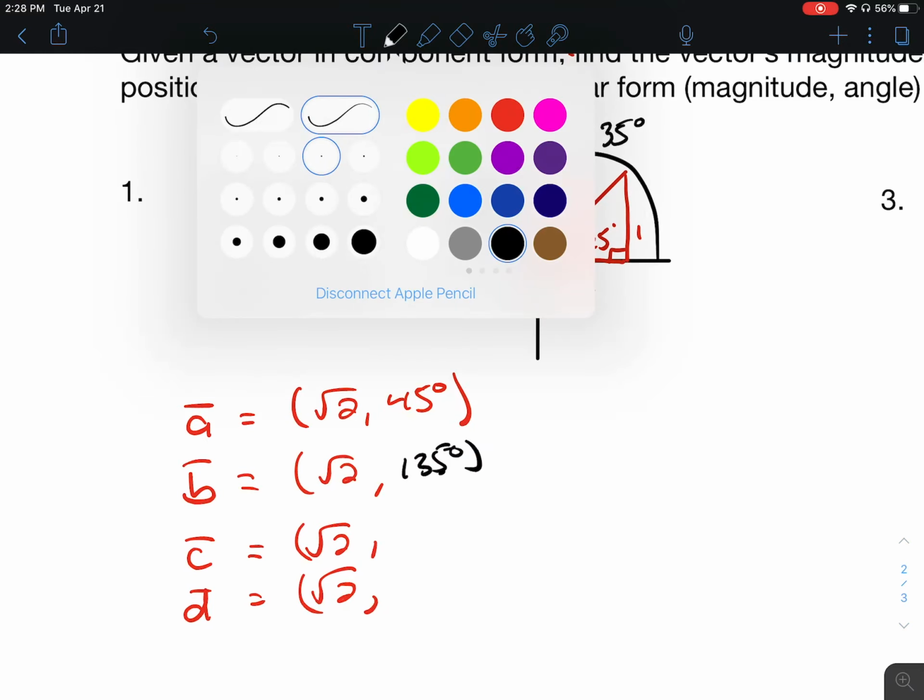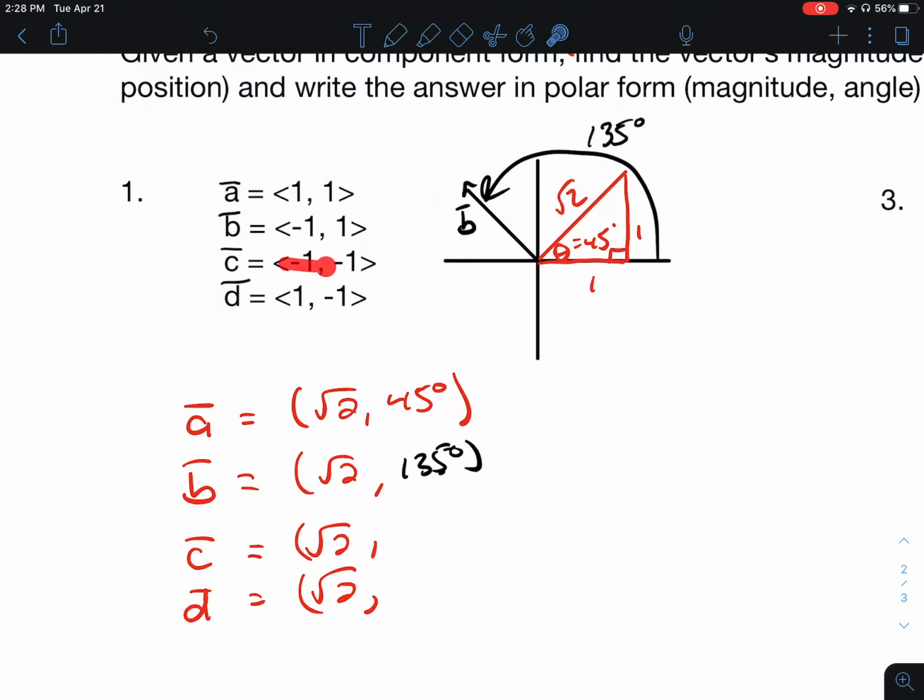If we put vector C, it's going to be in quadrant 3, like so, and its reference angle is 45 degrees, that's going to make the angle in standard position 180 plus 45, which is 225 degrees.